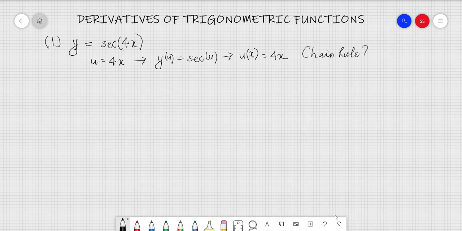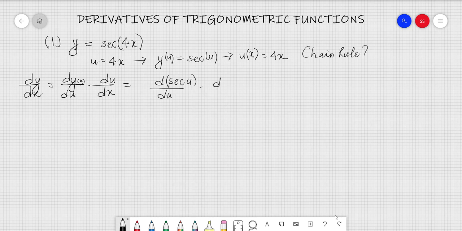Then, using chain rule, we can find dy with respect to dx such that dy by du times du by dx. So this would give us the derivative of sec u with respect to u, times the derivative of 4x divided by dx.